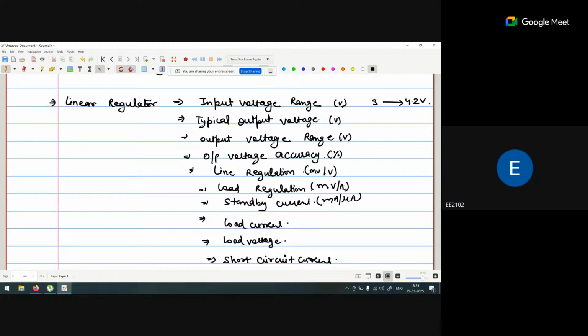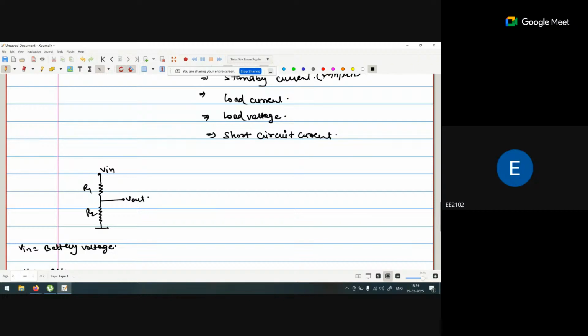Okay. Now, what is the output voltage? V out is V in into R2 upon R1 plus R2. So if V in is 3 volts, it is 3 R2 upon R1 plus R2. If V in is 4.2 volts, it is 4.2 R2 upon R1 plus R2.